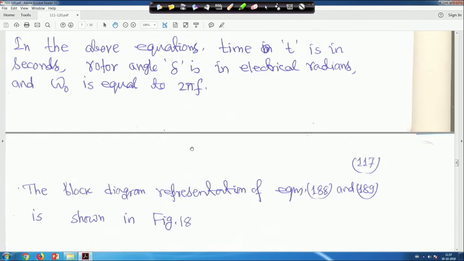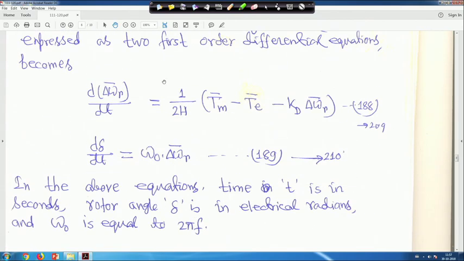Now, the question is, assuming all initial conditions are 0, if you take the Laplace transform of this, it will become s into delta omega r bar is equal to 1 upon 2H, Tm bar minus Te bar minus Kd delta omega r bar.